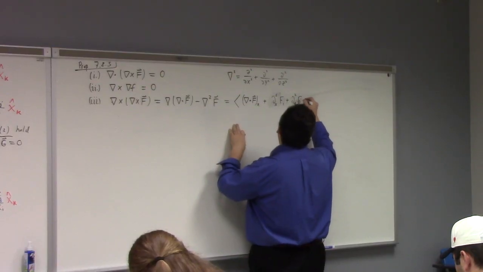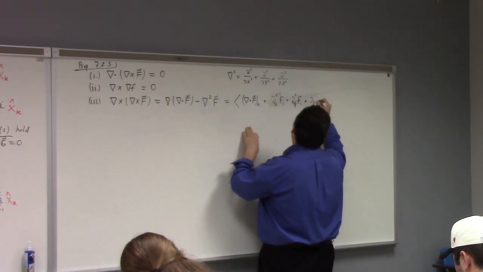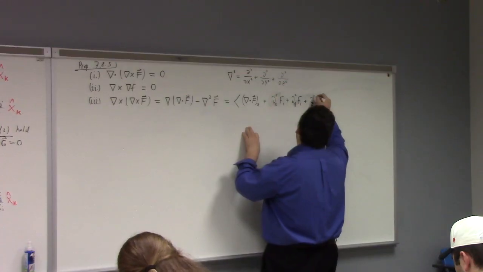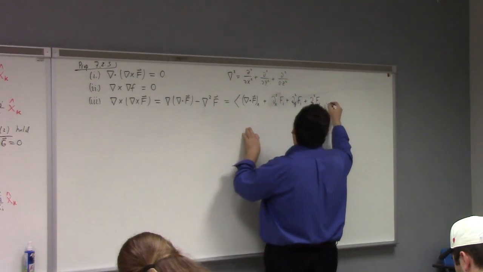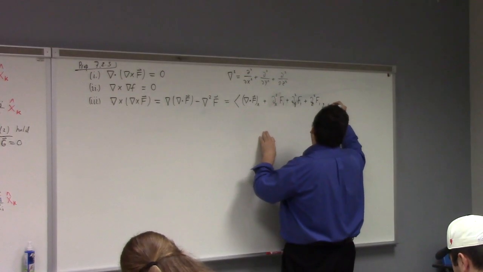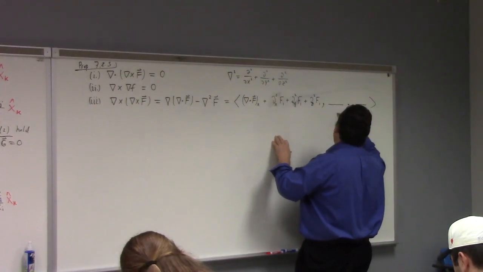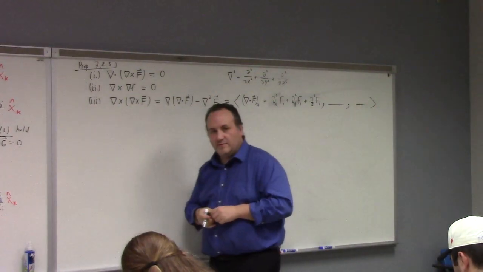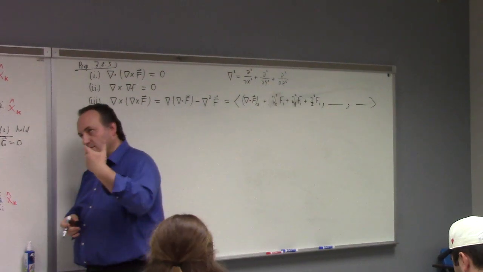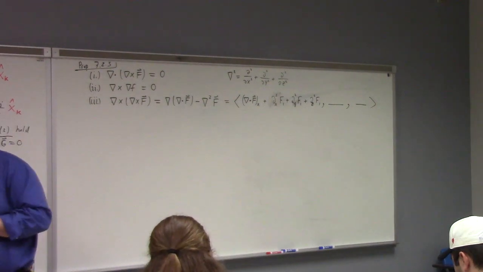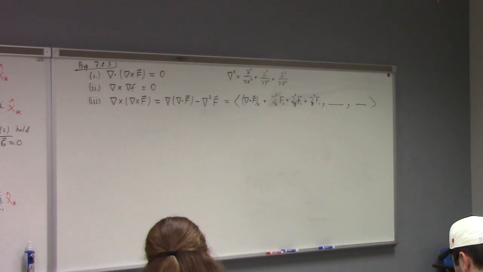Trust me, you don't want me to write this out. Same for 2 and 3 over here, but instead of having F1 there, you'd have F2 and F3 for the y and the z components. But it is the curl of a curl. It's a vector field.